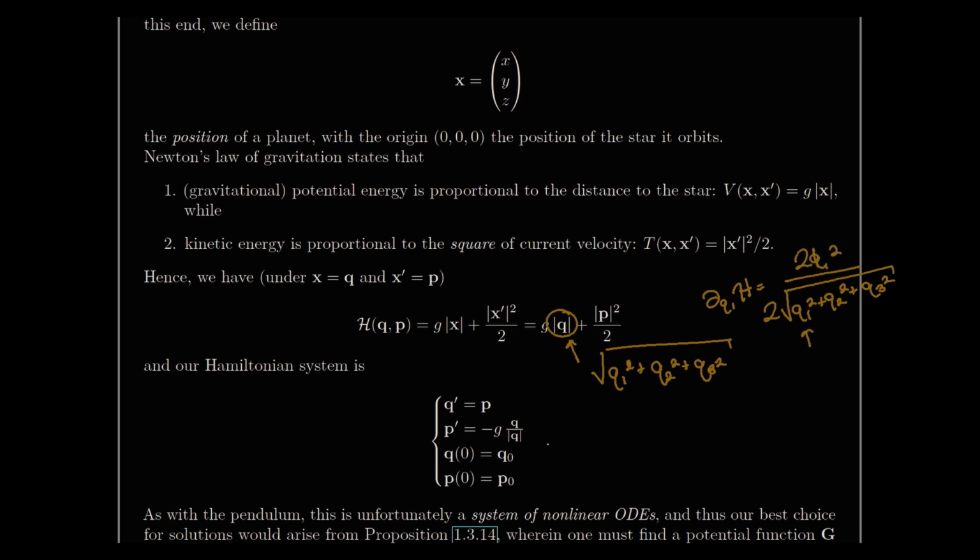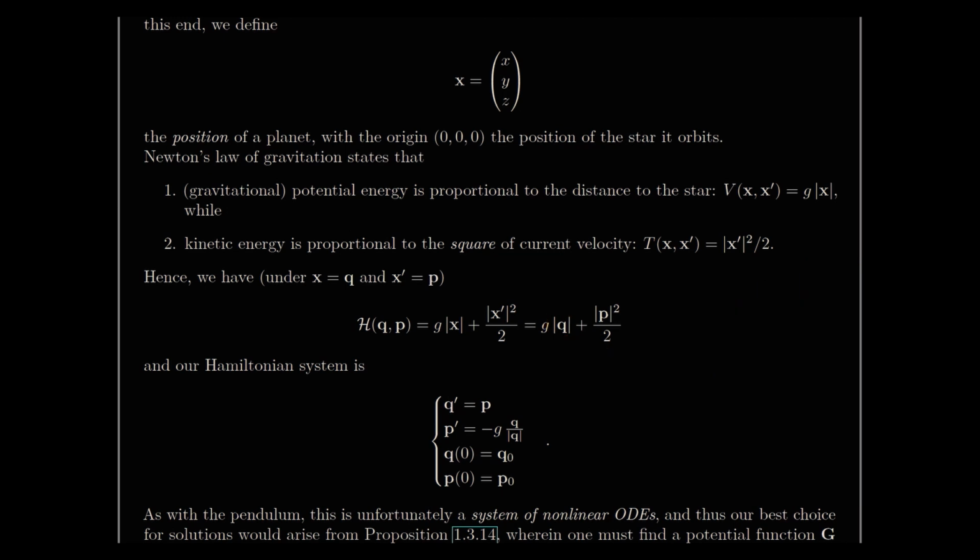So my 2's cancel, and I get q1 over the magnitude. If I replace this with an i, it'll just be any of the q's: q2 over the magnitude, q3 over the magnitude. And so the gradient in q of the magnitude of q is going to be the vector q divided by its magnitude. And that's what we see here.